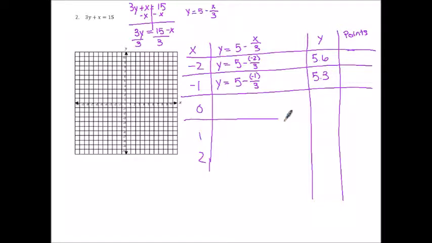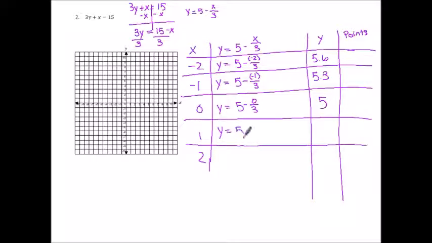When we plug 0 in, we get (15 minus 0) over 3, which is just 5. We plug 1 in, we get (15 minus 1) over 3, so we get 4.6. And then (15 minus 2) over 3, and we get 4.3. If you can't calculate those in your head, feel free to use your calculator, that's why you have it.